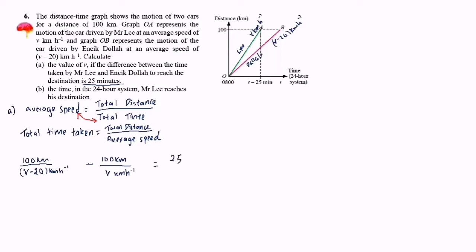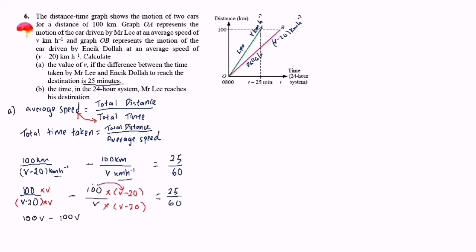But because the unit here is kilometer per hour, so the unit of the time here, minutes, you must change to hour. To solve the linear equation, for first fraction, you must times v, and second fraction, you must times v minus 20, so that we have the same denominator.